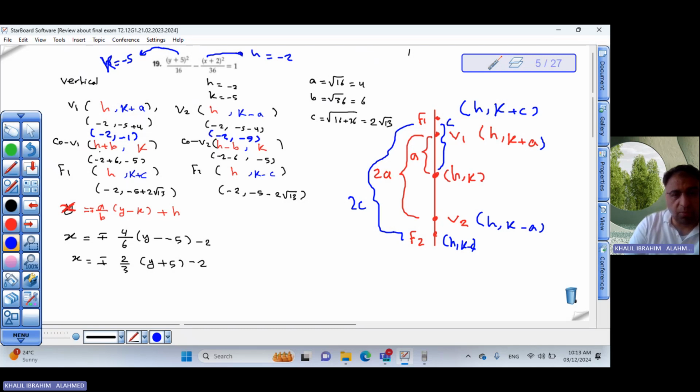In the same way, the co-vertices are h plus b, k, and h minus b, k: -2 plus 6, and -2 minus 6, because this is the x-axis, the change on the x-axis for the co-vertices. And F1 in the same way, just replace k: -5 plus 2 radical 13.